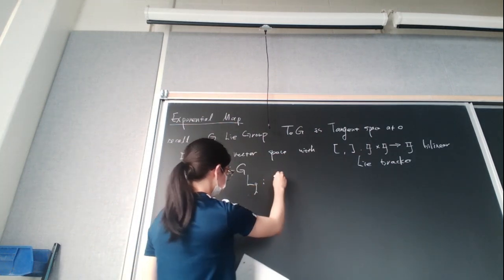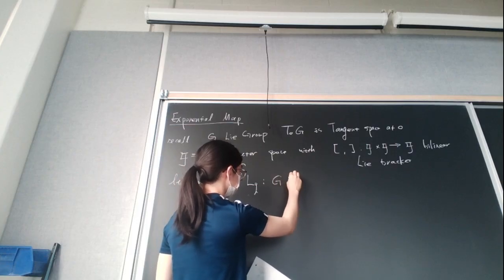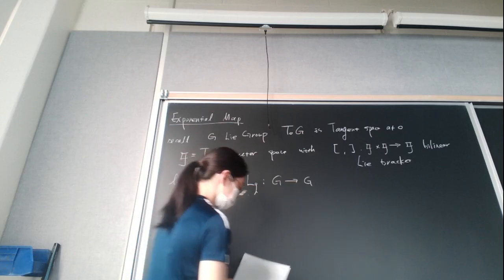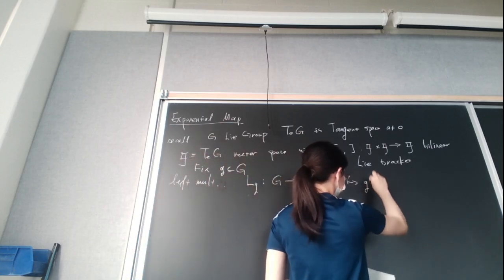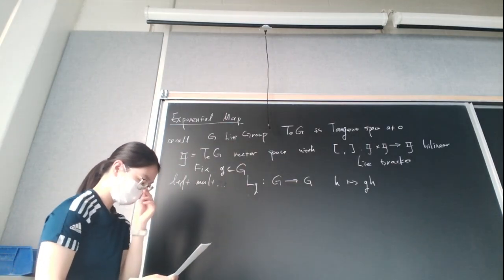So left multiplication by g is a map from G to G that sends h to gh.